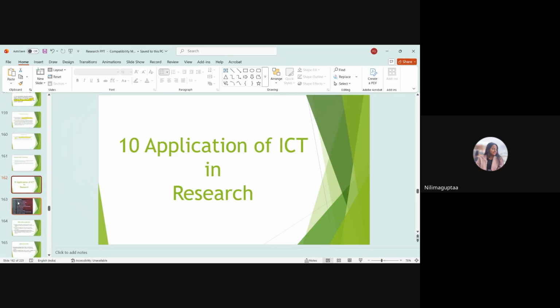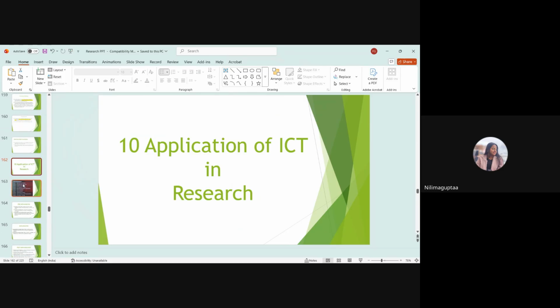Now we will be going to the application of ICT in research. So when we do our research, gone are those days when we used to sit in libraries and look for research papers, theses, sources, and then do our PhD and all. Now we have everything online. Earlier we used to compile everything, and we had to look at so many things.